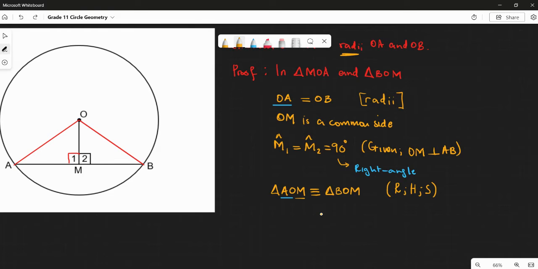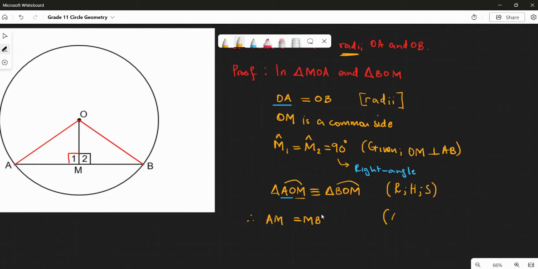So since they are exactly the same, we'll then say AM must then be equal to what? To MB. AM must be equal to what? MB. You see that? So if the two lines or parts of lines are equal, why did we say these are equal?